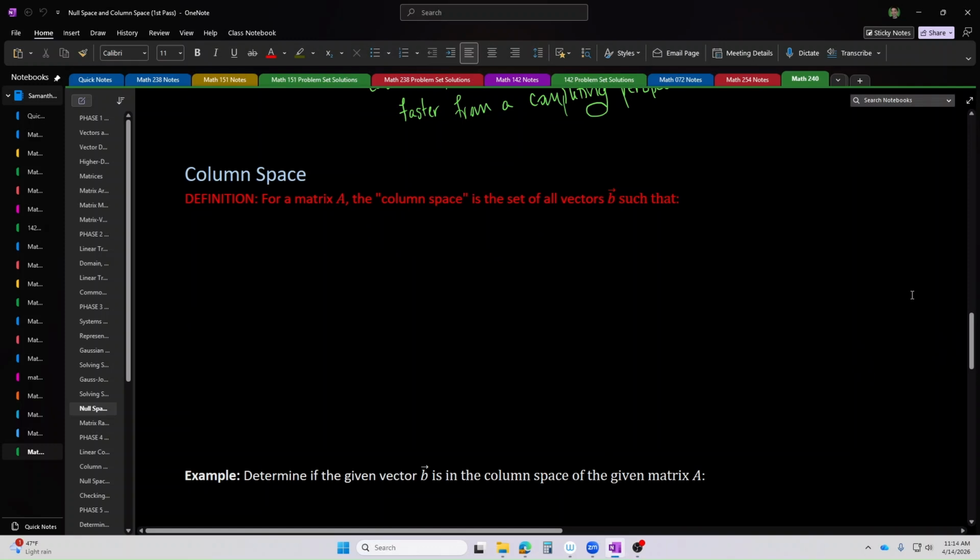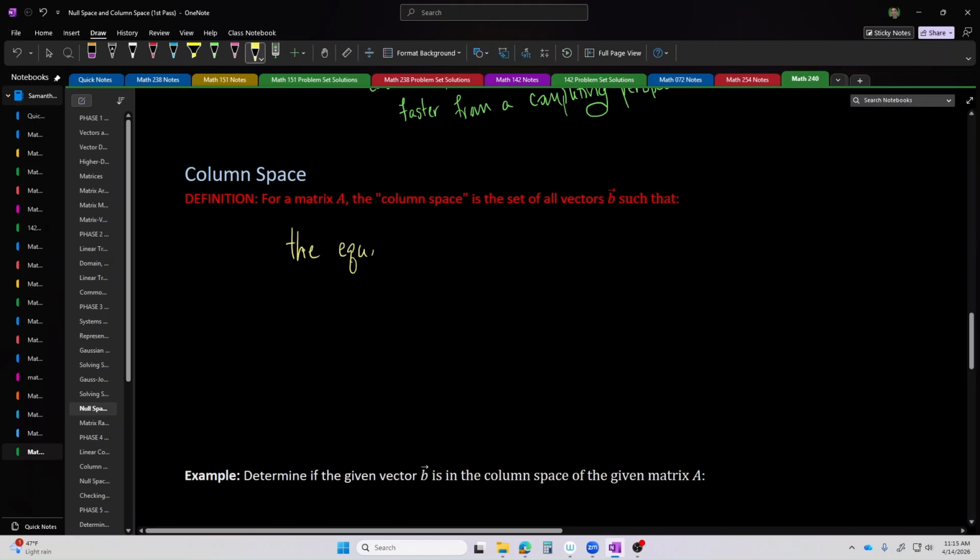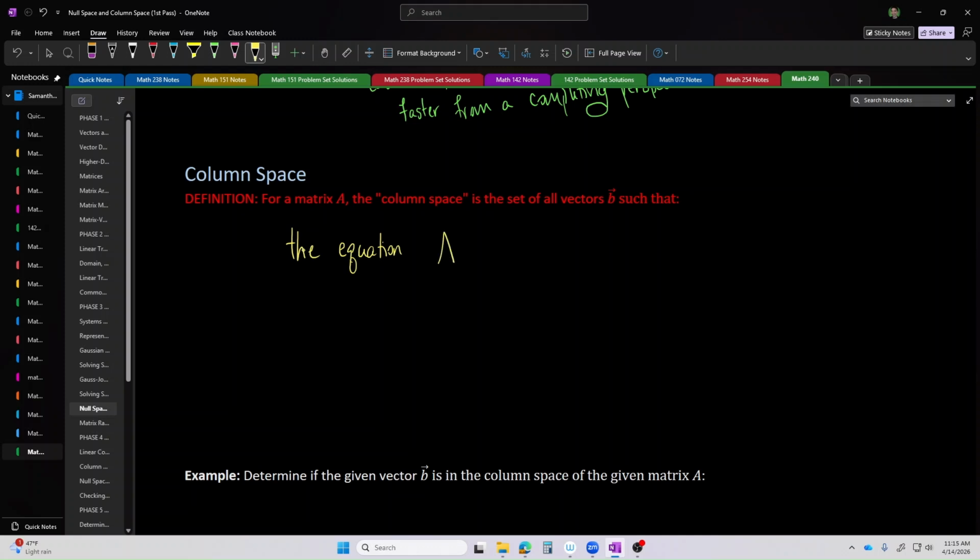Another piece of terminology associated with matrices is this idea of column space. For a matrix A, the column space of a matrix are all of the vectors B such that the equation AX equals B has at least one solution.